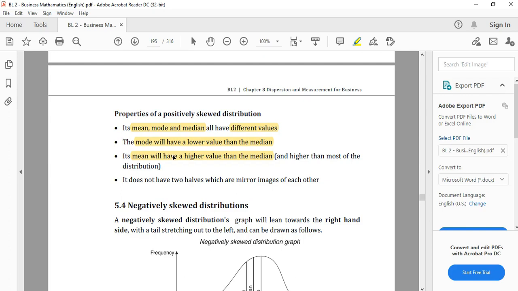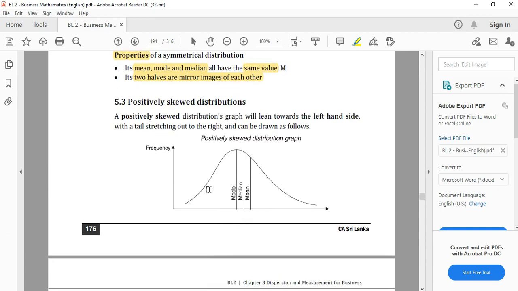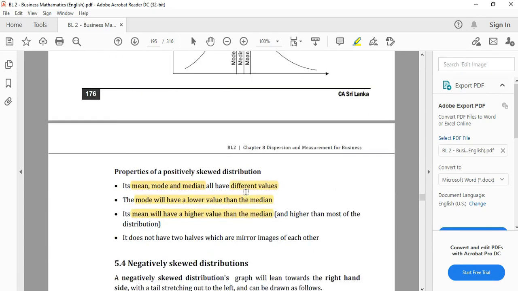So you must memorize this because they might ask in the MCQ whether the mode is higher than the median, or the median is higher than the mode, or the mean is higher than the median. You should be very familiar with the properties of a positively skewed distribution because it is questionable.